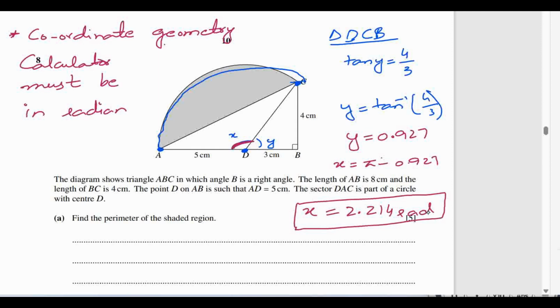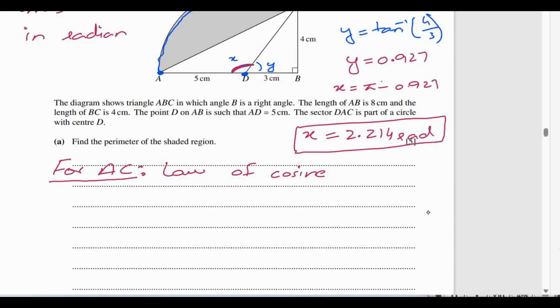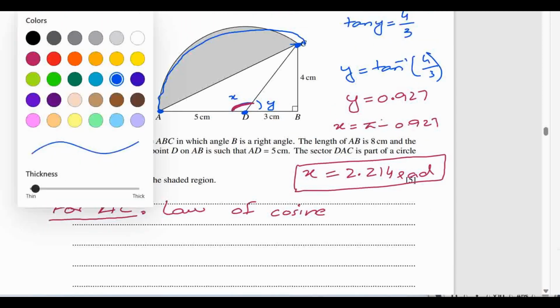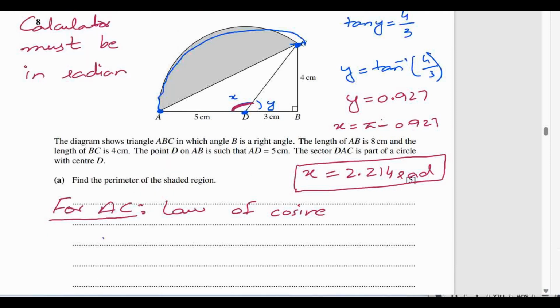Now for AC we can use the law of cosine. Now we can directly use the law of cosine. So as we can see, AC square is equal to, what is the length?